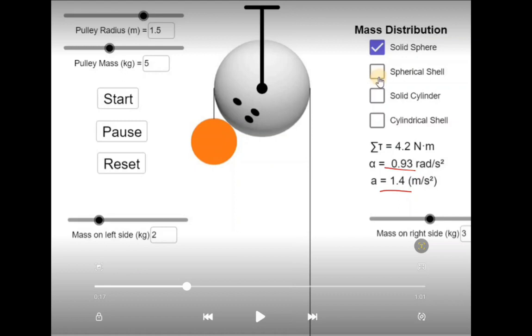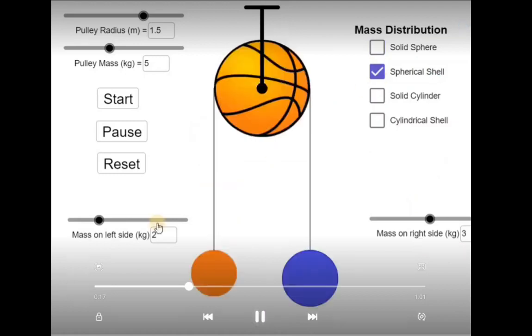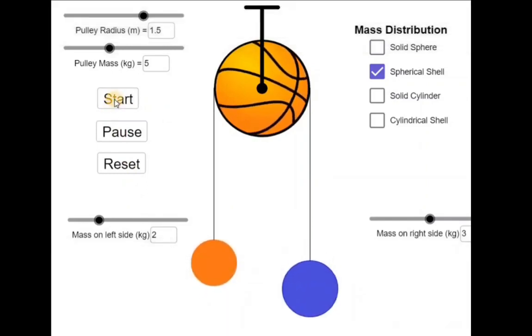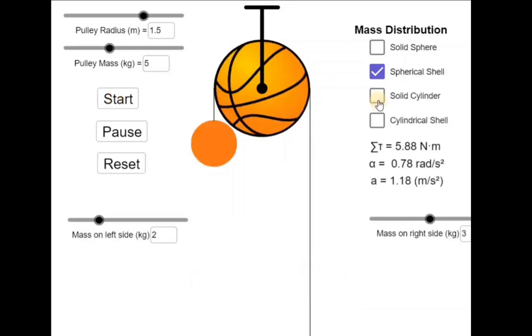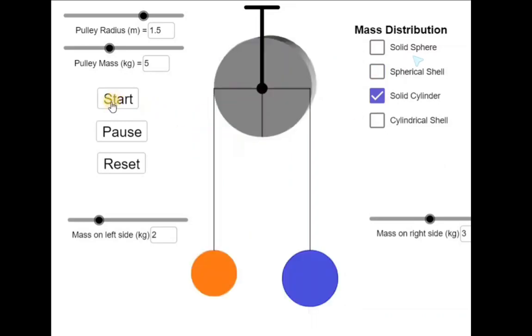Now if we modify the pulley and use a spherical shell, we will get different outcomes than the ones we got for the solid sphere.